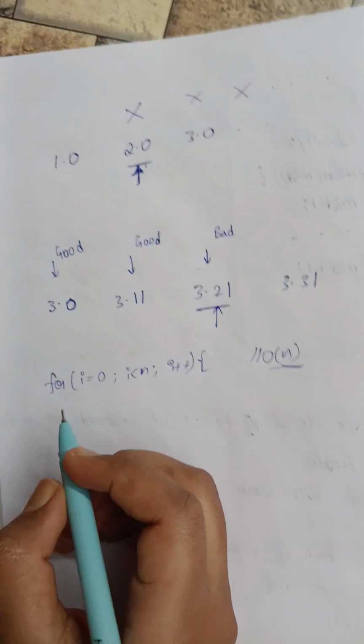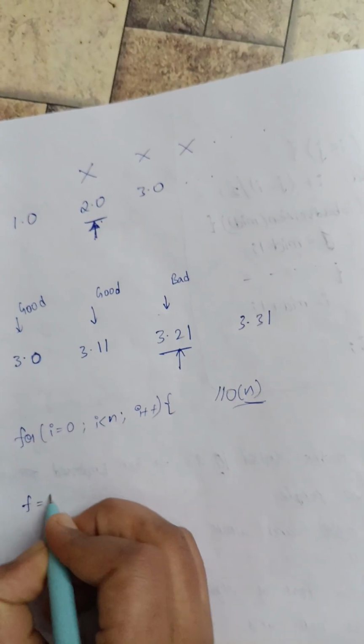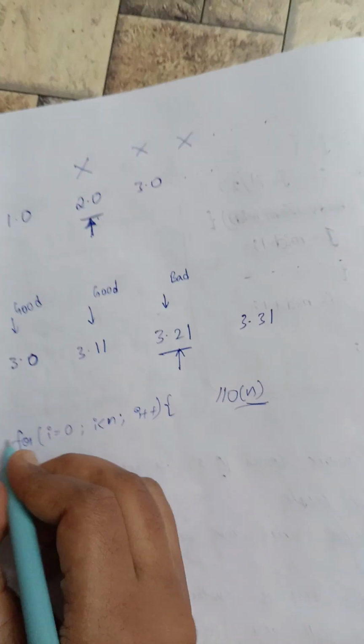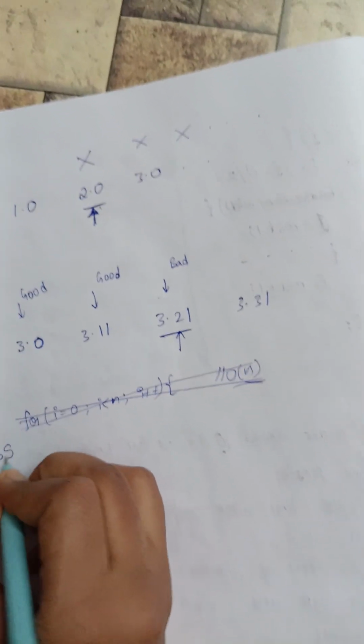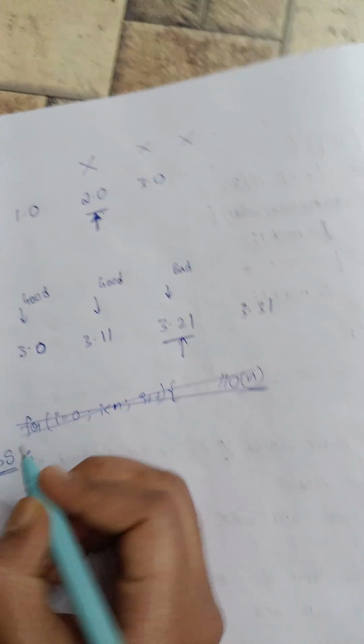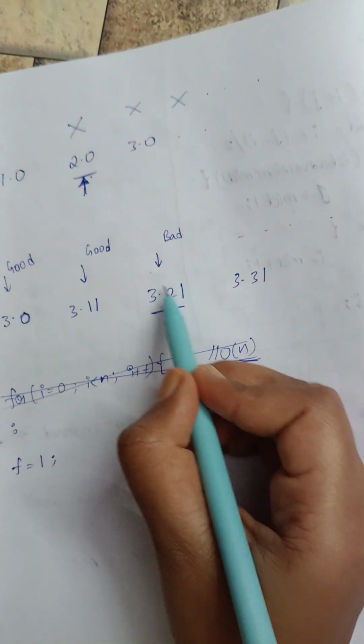Now I'll tell you how exactly we are trying to implement this. We are not implementing linear search. We are trying to implement the concept of binary search here. And in the binary search, we need to find the initial one.